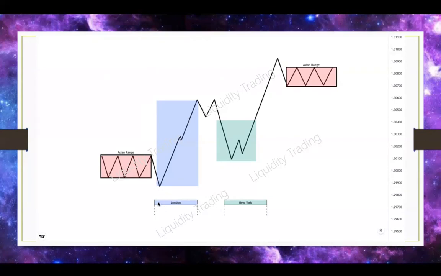The time of the London kill zone would be 1 AM to 5 AM, and I'm referring to New York time. Every time I talk about any time reference in the market in my videos or in our later teachings, I only refer to New York time. Even if you're living in London or Australia, you have to look at these times in the market according to New York time.